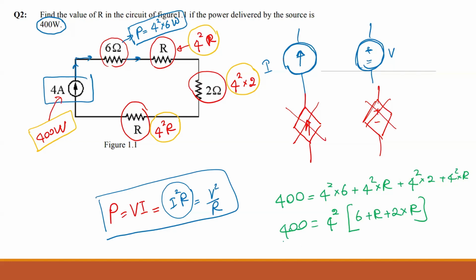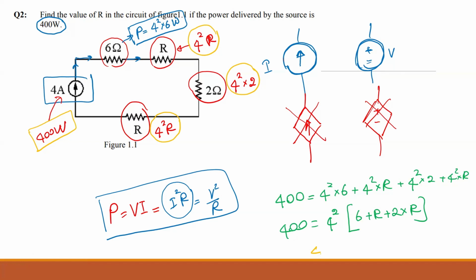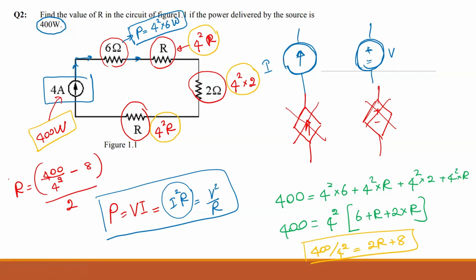So you can divide 400 by 4 squared, and this will be 2R plus 8. So you can find the R. R equals 400 divided by 4 squared, minus 8, and you divide this by 2. Is that right? What do you get for R?